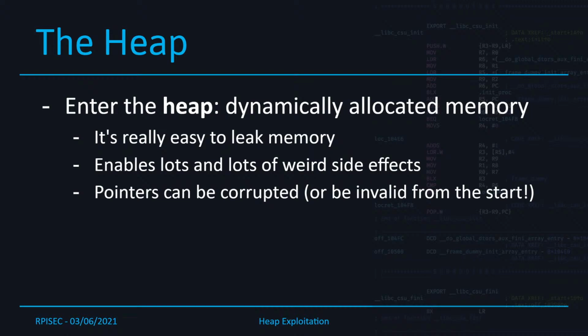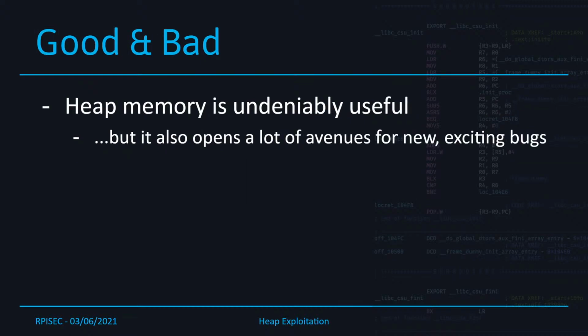And the pointers involved here can be corrupted, obviously, but more interestingly, they could also be rigged from the start. When the heap allocator gets messed up, interesting things happen. So obviously, putting stuff in the heap is useful. It's a good thing. But it does open avenues for a lot of new and exciting bugs.